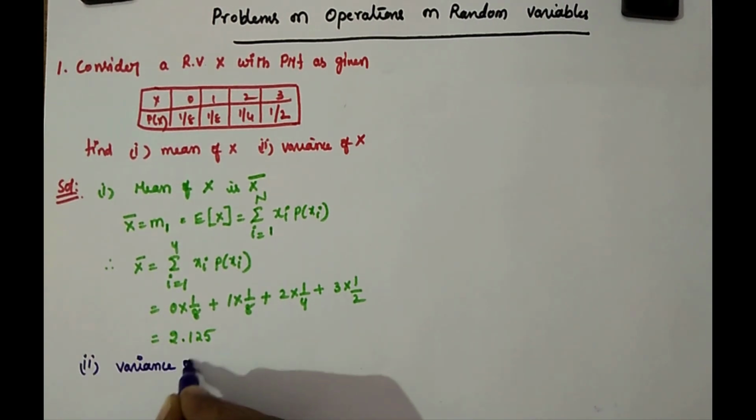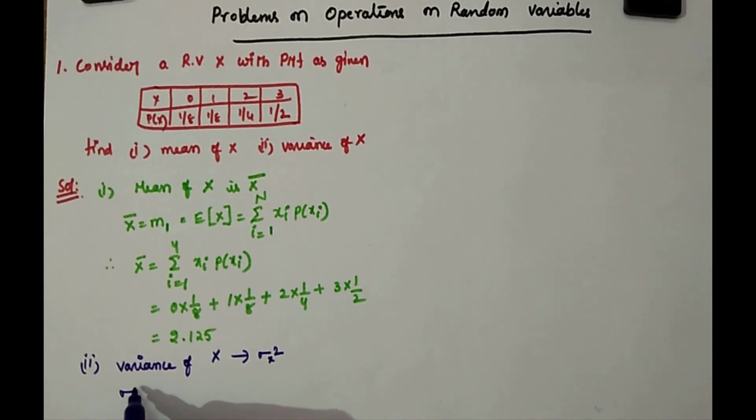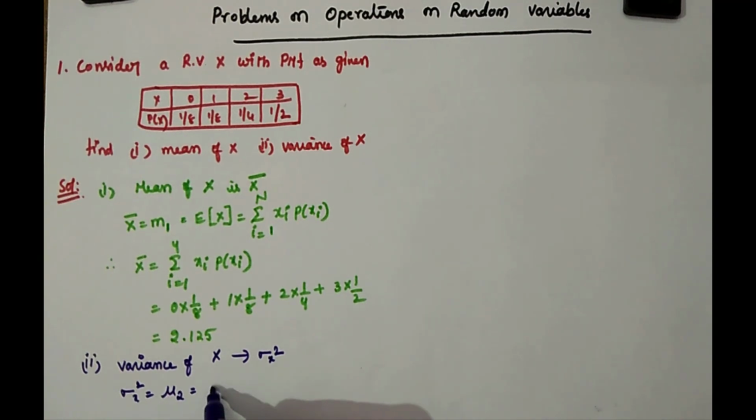Variance of x is represented by sigma x square. What is the formula? Sigma x square, the other notation is mu2, is E of x minus x bar whole square.